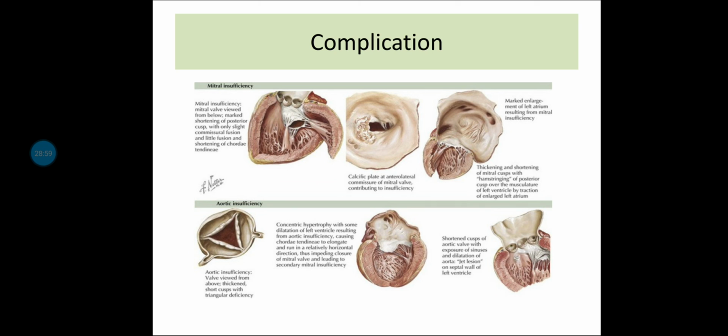So these are the complications, different types of mitral and aortic insufficiency. In the diagrammatic representation we can see the fibrosis of the mitral wall, thickening of the chordae tendineae, and fusion of the commissures, and simultaneously aortic insufficiency occurs due to the fibrosis of the aortic wall.